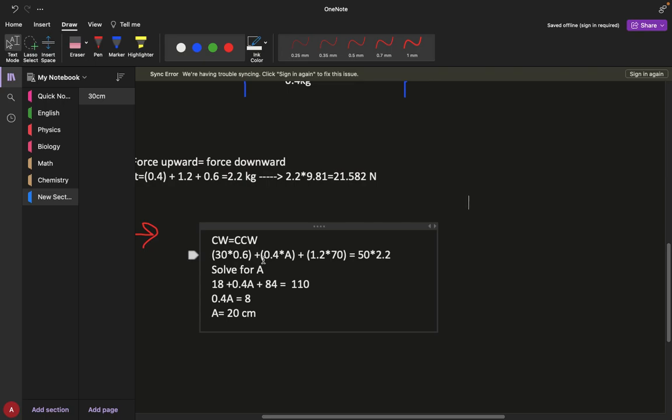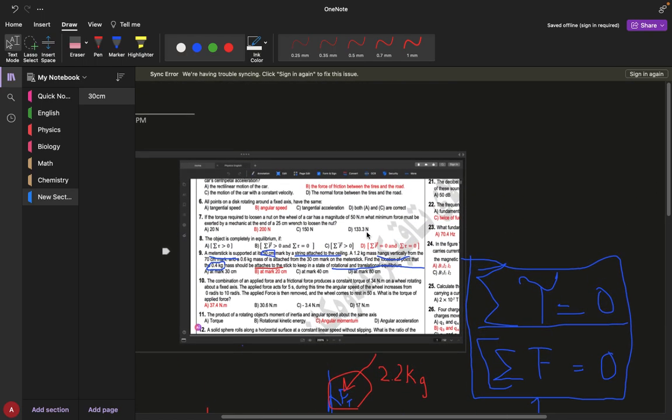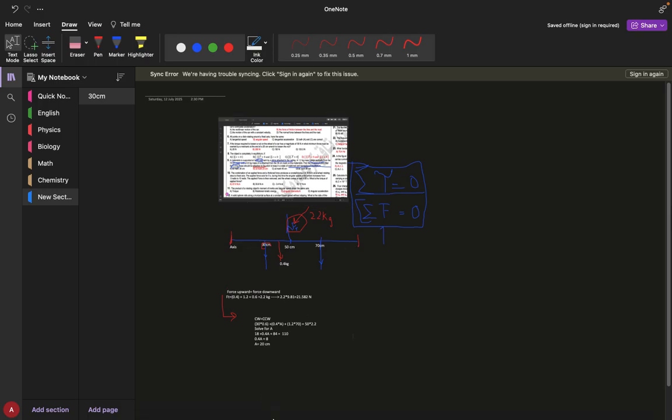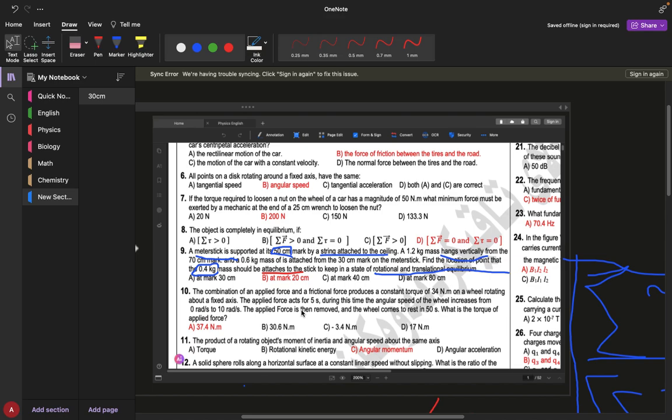You could go ahead and use the force. I couldn't care less. That's just wasting your time. But the reason I did it in mass is because then I would have 9.81 on the counterclockwise part, as well as on the clockwise part. And since it's a common factor between both sides, just cancel it out. Save yourself some time, okay? So don't ask in the comments and be like, okay, I don't mind asking questions in the comment section, you're free. But I'm just saying that's why I did what I did, okay? So I'm glad to be lending you all a portion of how I think about certain stuff.